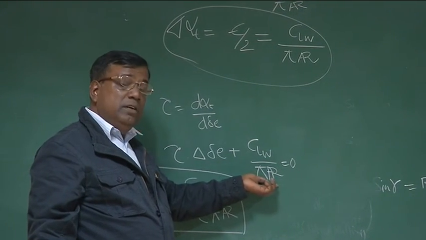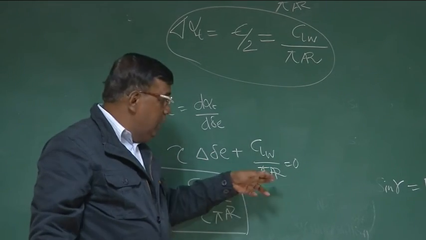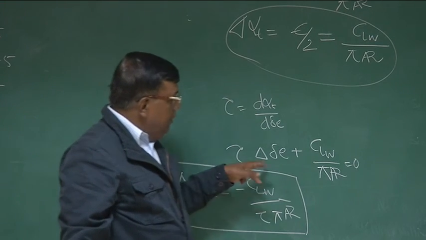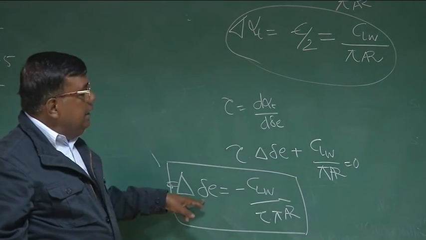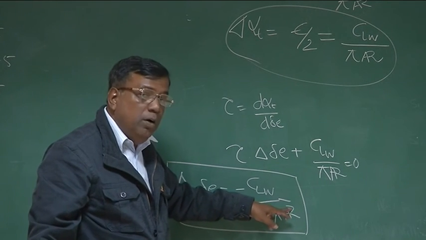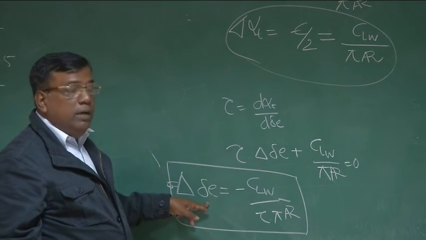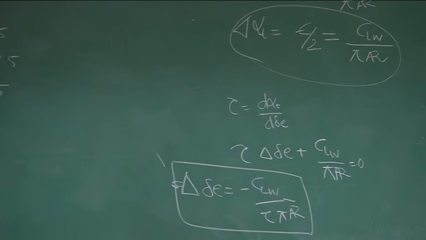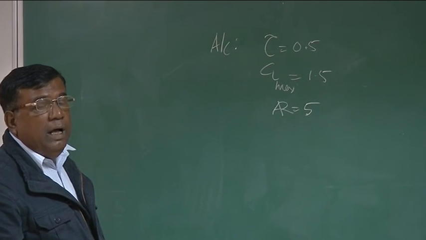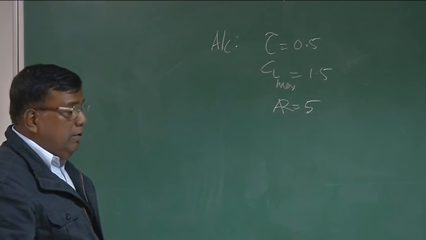But if aspect ratio is small, as for a high speed airplane, this delta will be pretty high. I repeat, this delta E is inversely proportional to the aspect ratio. So if aspect ratio is more, then delta E required will be less, right? We have taken an aspect ratio of 5 because typically this phenomenon will be for a high speed airplane.